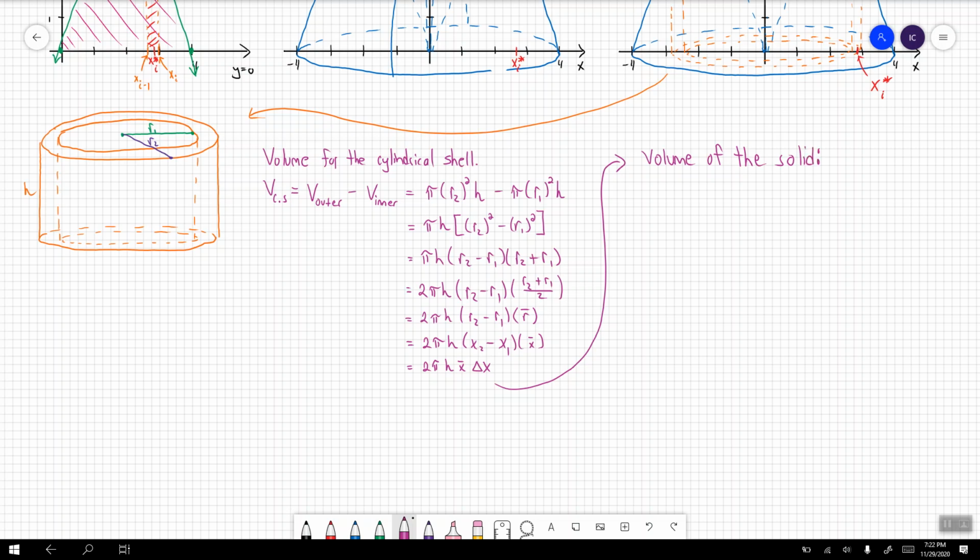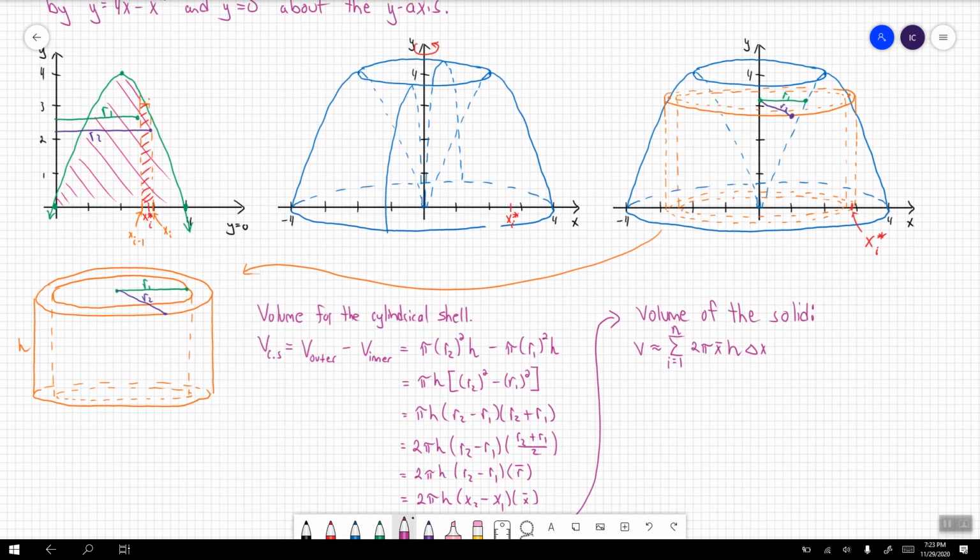Now that we have this, the volume of the solid is going to be made by taking a summation of all of those cylindrical shells that we're finding. And this is going to be 2 pi x bar, and again that's going to be the midpoint, multiplied by the height, multiplied by delta x. So let's go through and identify the height really quickly, because that's one thing that's kind of bugging me here.